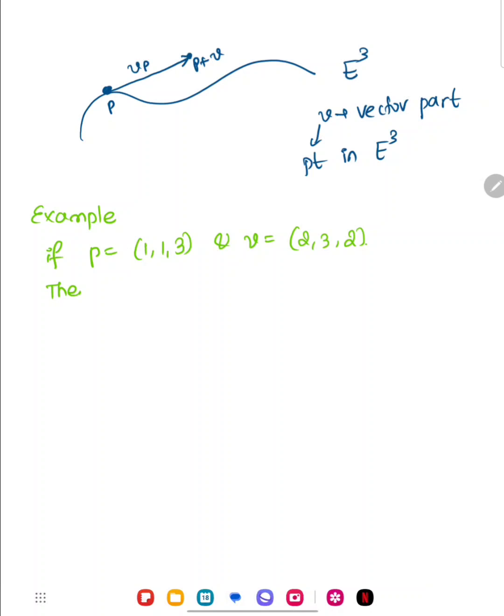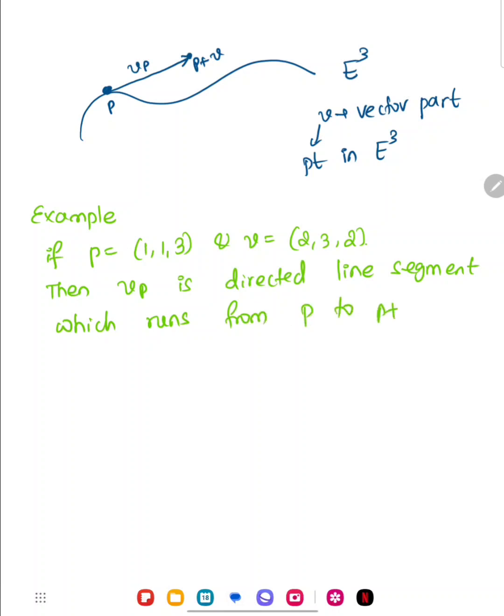Then the tangent vector VP is a directed line segment, or an arrow, which runs from P to P plus V, that is, from the point (1, 1, 3) to the point (3, 4, 5). So this is an example of a tangent vector.